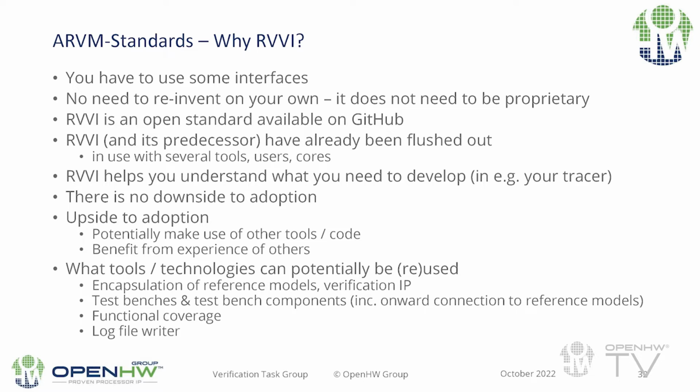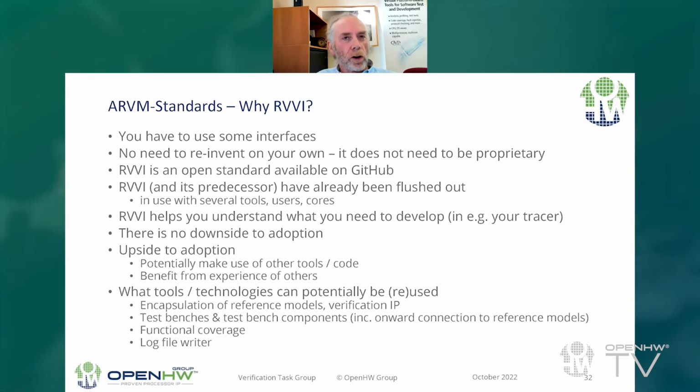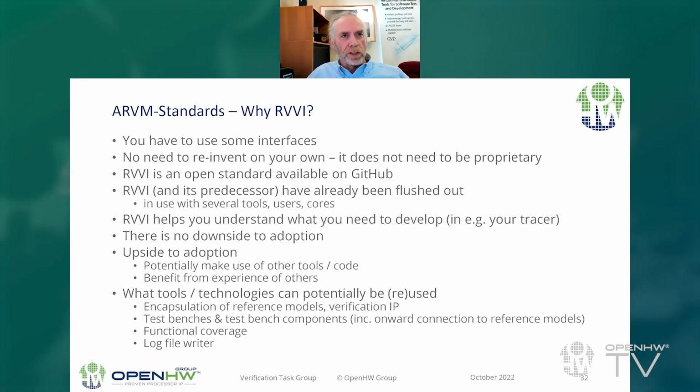And when you get to understand RVVI and the tracer side, it helps you understand what you actually need to develop. And really, there's no real downside in adoption, but just upside to it, because it does save you a lot of development yourself. And potentially, you can use other tools and benefit from the experience of other people, because it's evolved over time with experience from different areas. And there are several tools that can make use of this RVVI.